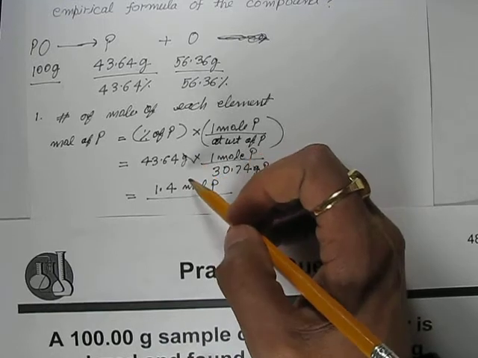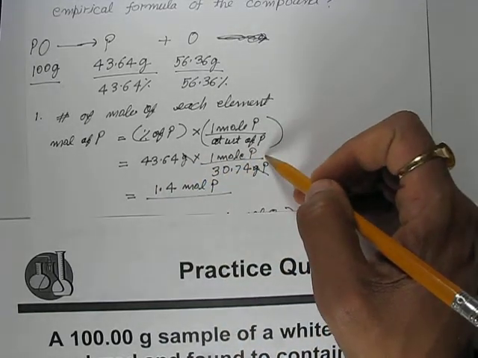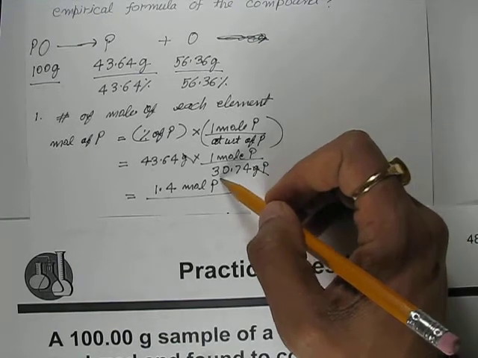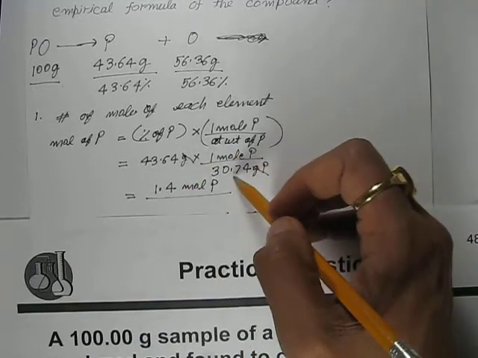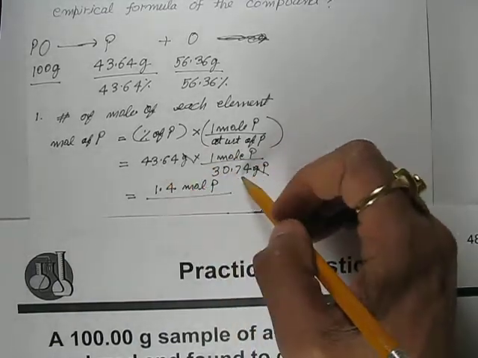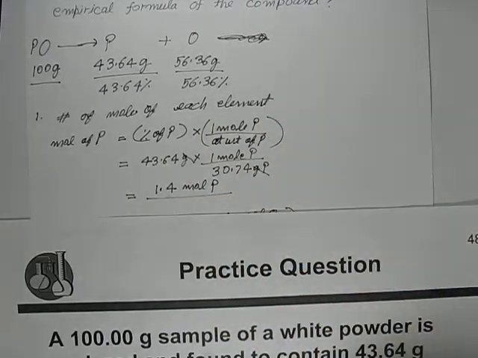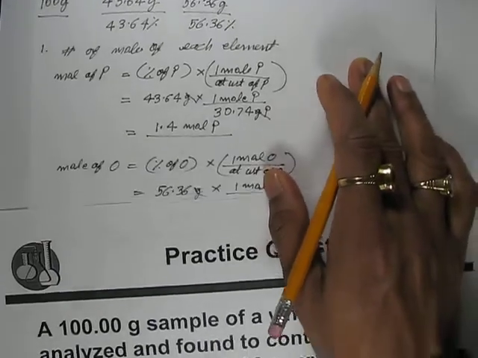Basically, phosphorus has a molar mass of 30.74 gram, so we will divide by 30 and we get 1.4 mole of phosphorus.